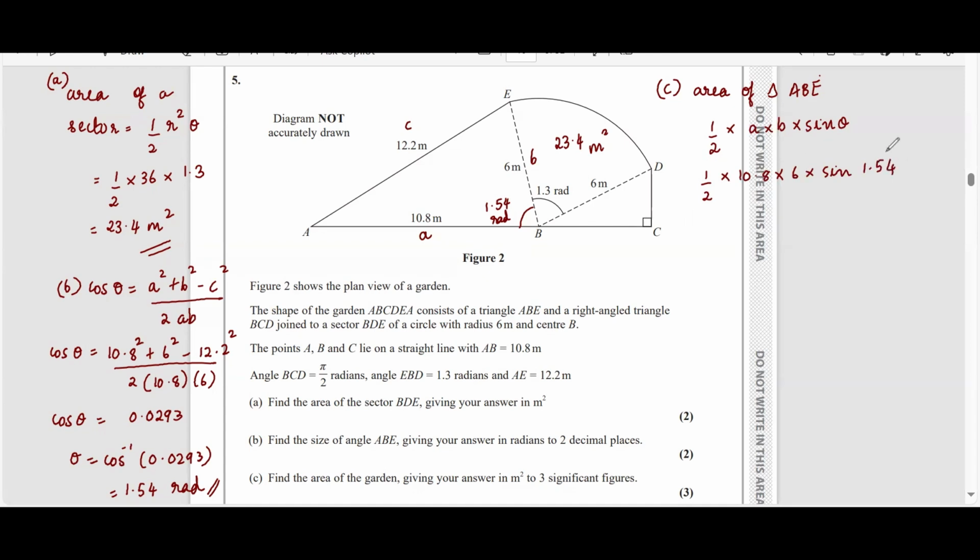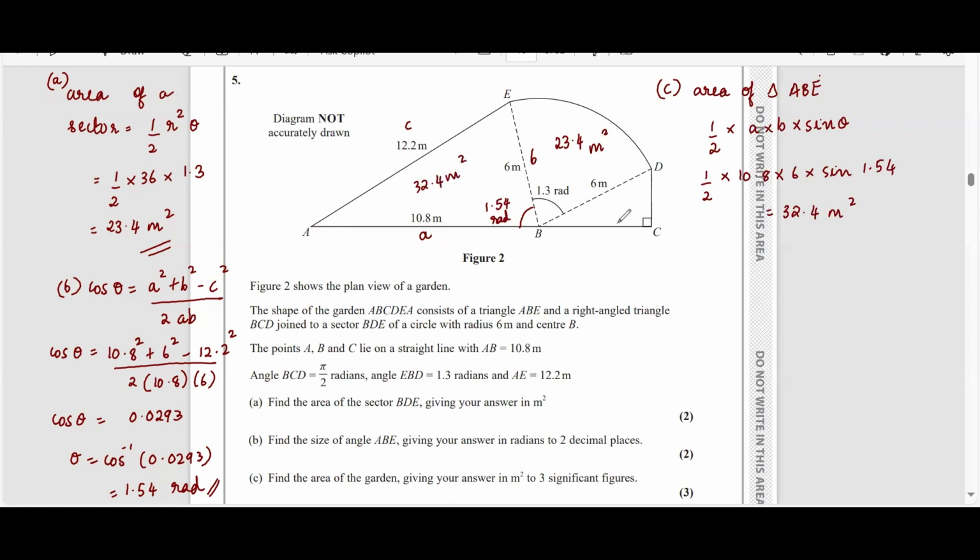Putting this in the calculator, 10.8 times 6 times sine 1.54, the whole thing divided by 2, gives us 32.38. Since it's given to round to three significant figures, I'll take it as 32.4 meters squared.